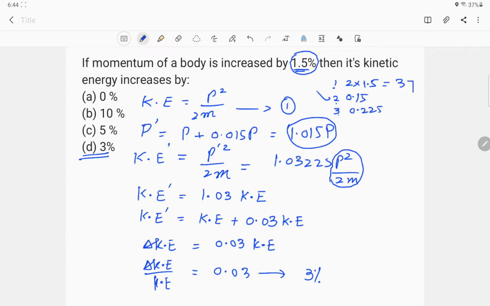So add the results of step number 1 and step number 3, so it will be equal to 3.0225%, where we neglect the small part, as we did earlier. So this is 3%. This is the short trick to determine the solution of such questions.